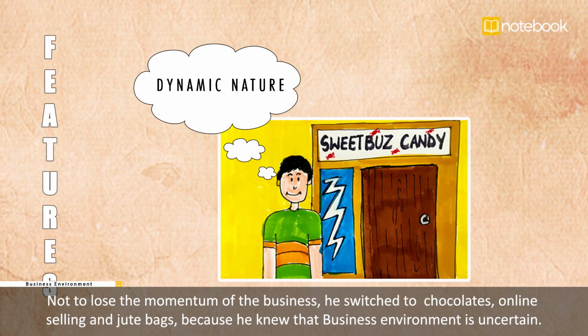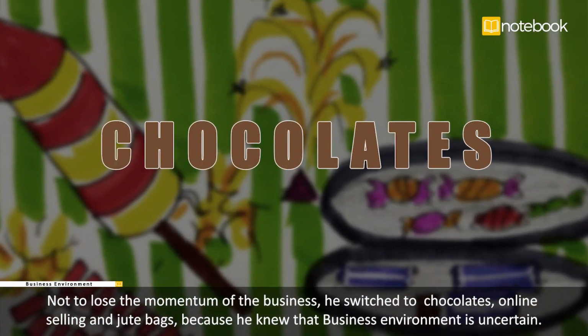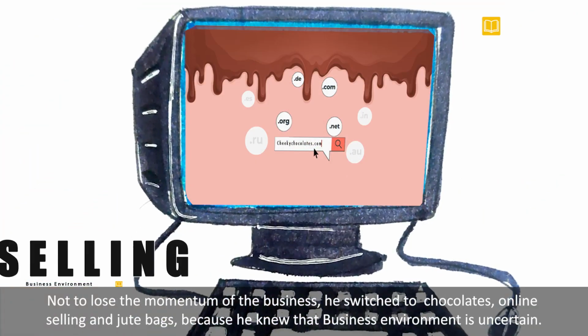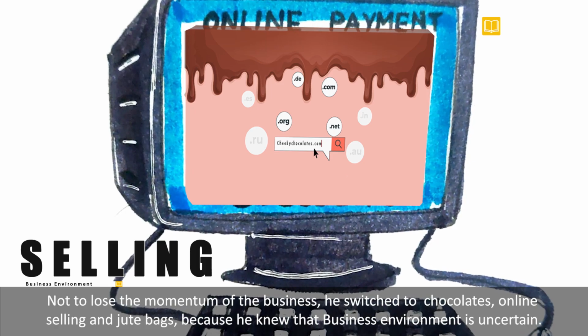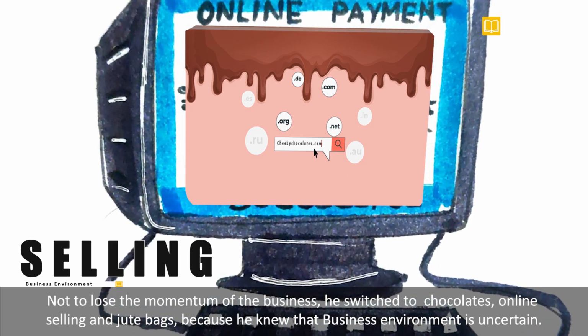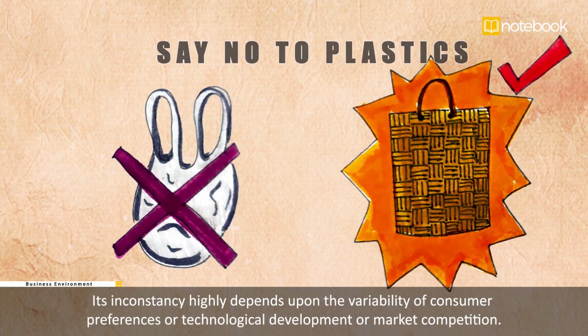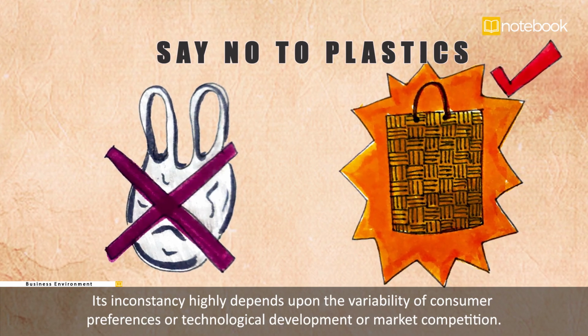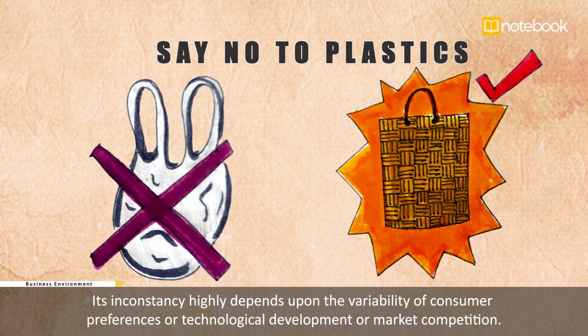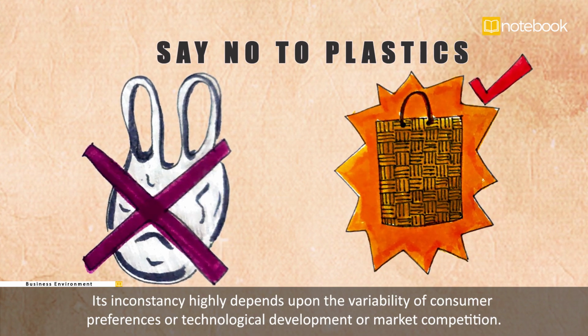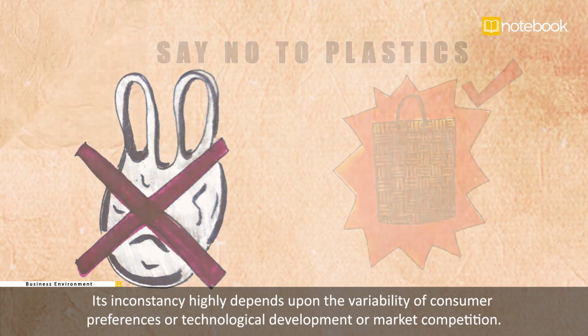Not to lose the momentum of the business, he switched to chocolates, online selling and jute bags, because he knew the business environment is uncertain. Its inconstancy highly depends upon the variability of consumer preferences or technological development or market competition.